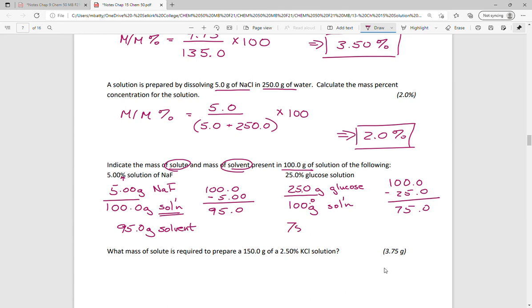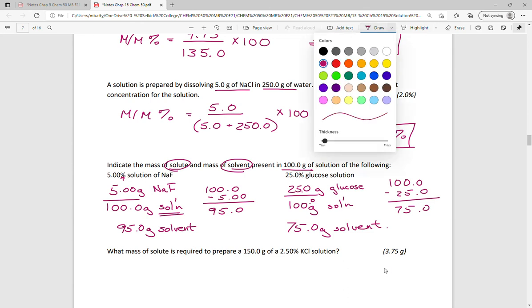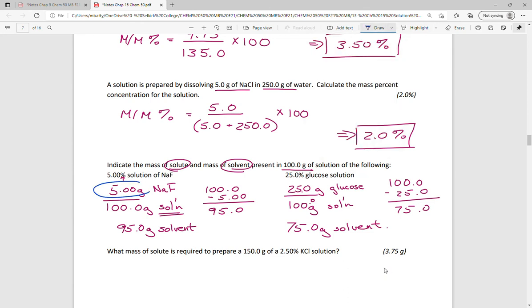And so that's 75 grams of solvent. So really that question's just asking you about these two components, the solute and the solvent, but that mass percent can be used in this way to give you more information about the solution.